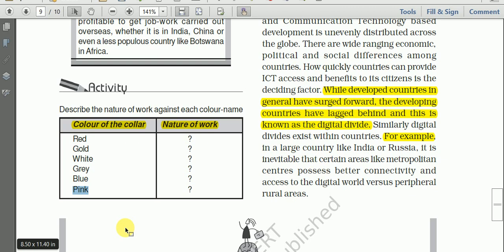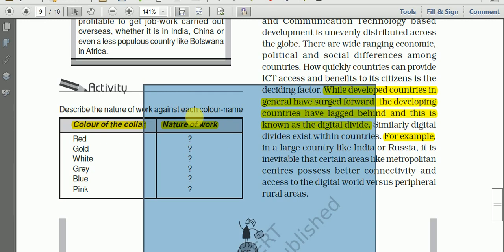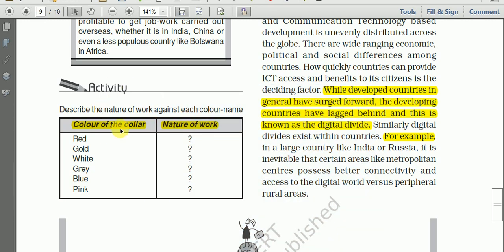These pink collar workers are those engaged in clerical work, or we can simply say clerks. So these are the different types of collar workers.